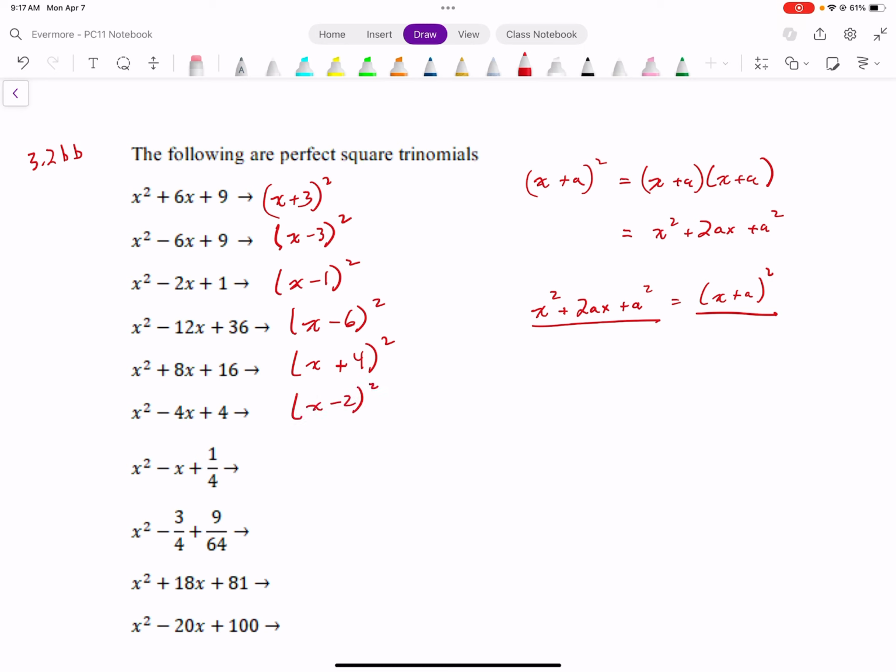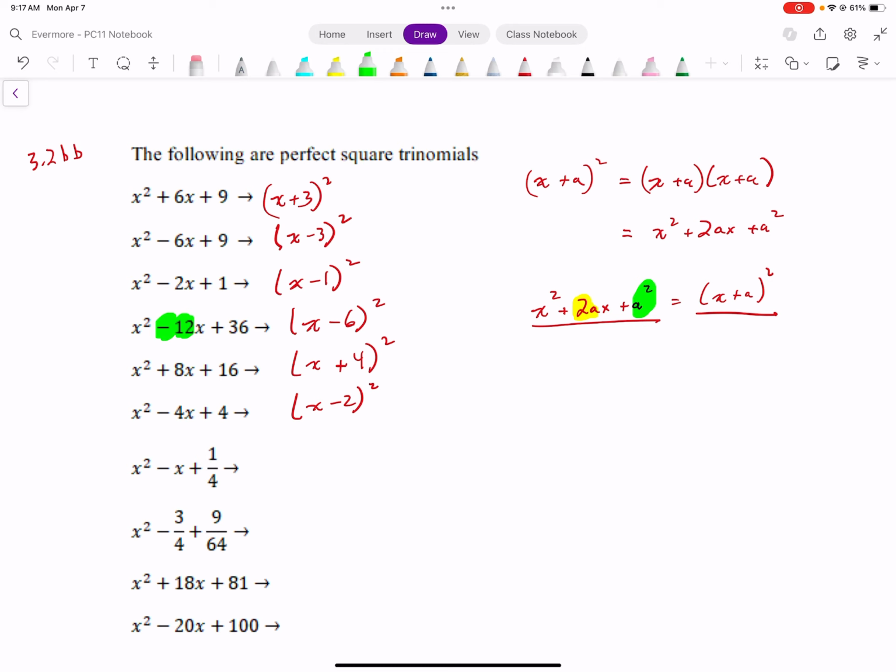Do you see the pattern? It's almost like the coefficient in front of the x is 2 times a, and the constant is simply a squared. So, for example, if this term is negative 12, what would a be?